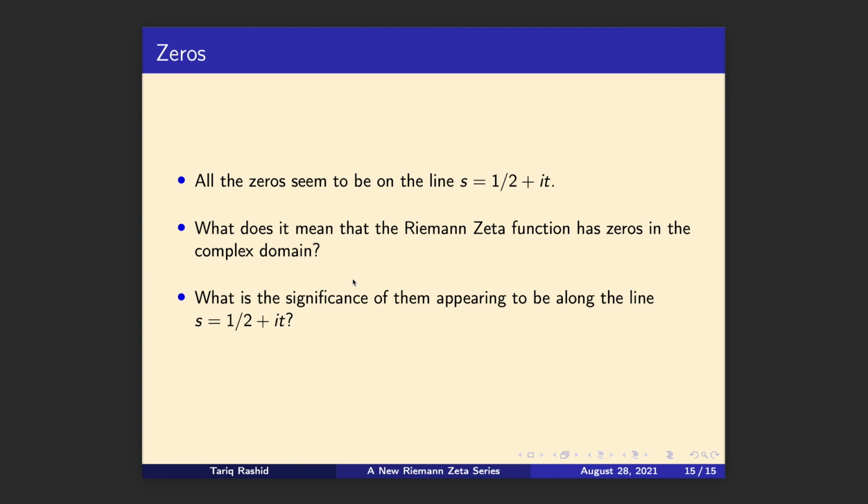So let's summarize. We found zeros in this extended function, and they appear to be on the line s equals a half. And the question for us is, what does that mean? Is there a connection somehow between those zeros and the primes? Because the Riemann Zeta function encodes the primes through the golden bridge, Euler's product formula.